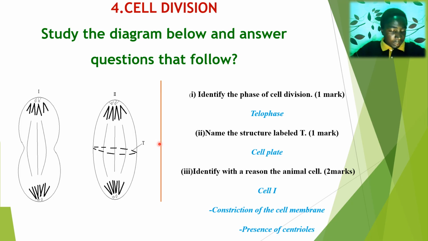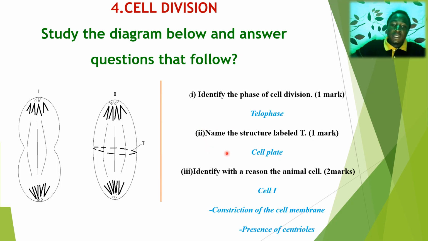You see, we have two nuclei formed and the cell begins to split, forming a cell plate in a plant cell. So basically, this one is telophase. Well, there was a kind of hint on T, but the answer was telophase.